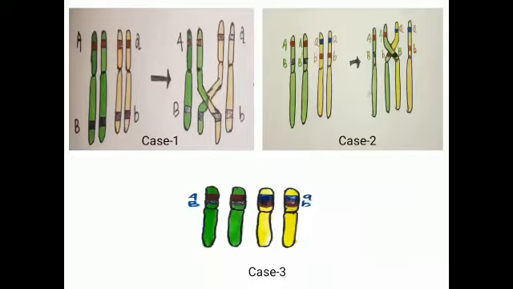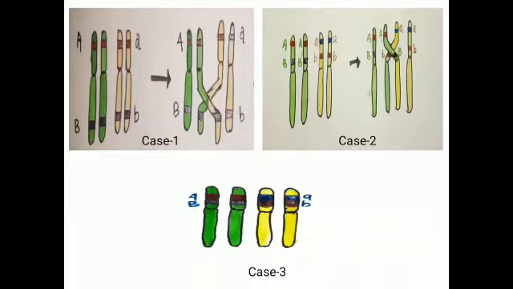Here you can observe 3 different cases where 4 different kinds of genes are present. So basically 4 different kinds of genes are present on 2 homologous chromosomes, that is capital A and capital B, and in this chromosome you can see small a and small b.